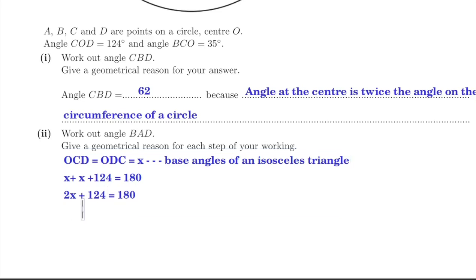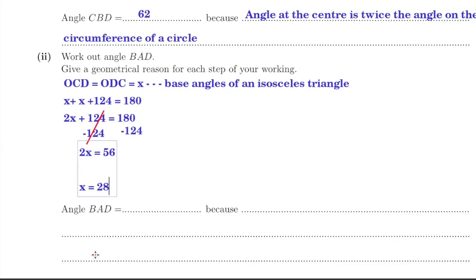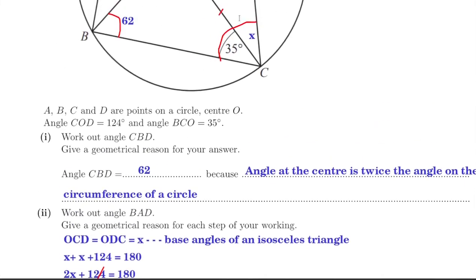Then subtracting 124 from both sides, the 124 on the left gets cancelled out, and you are left with 2X equal to 56. Then dividing by 2 on both sides, X is equal to 28 degrees.